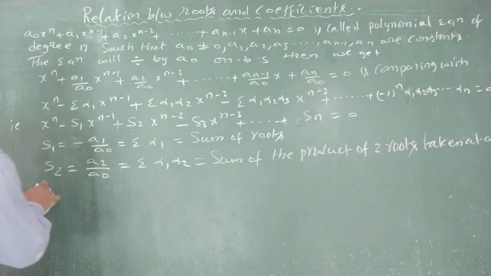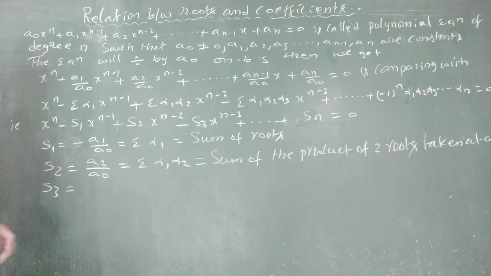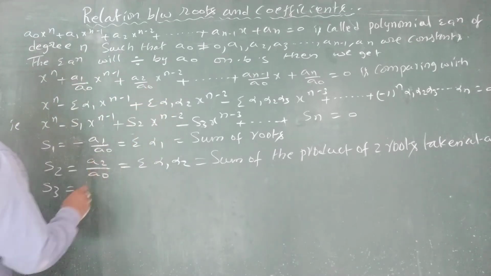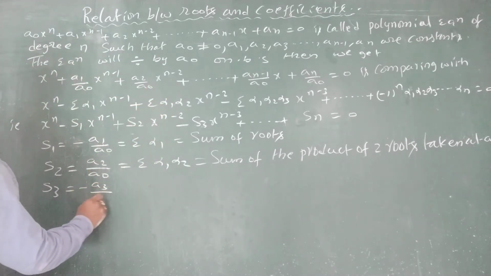Now s3. Again, what is s3? s3 is negative, here it is minus a3 by a0.